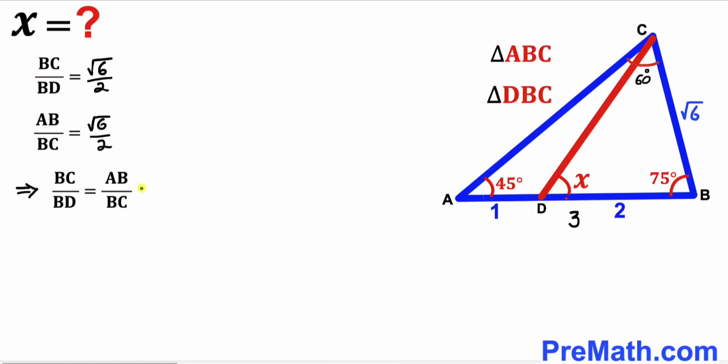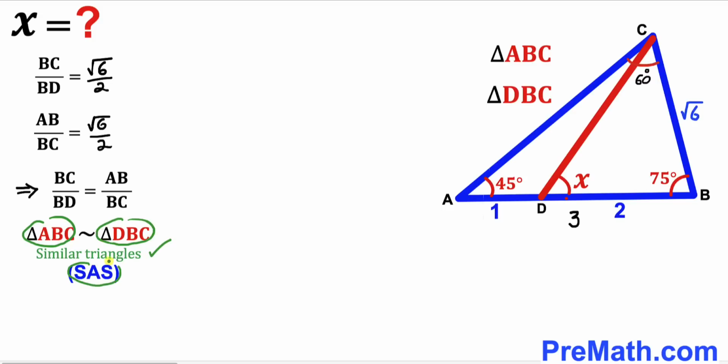And since we ended up with this proportion, we conclude that these two triangles, triangle ABC and the other triangle DBC, are similar triangles according to the side angle side similarity theorem. And since these two triangles are similar, we conclude that this angle X is going to be equal to this angle ACB.